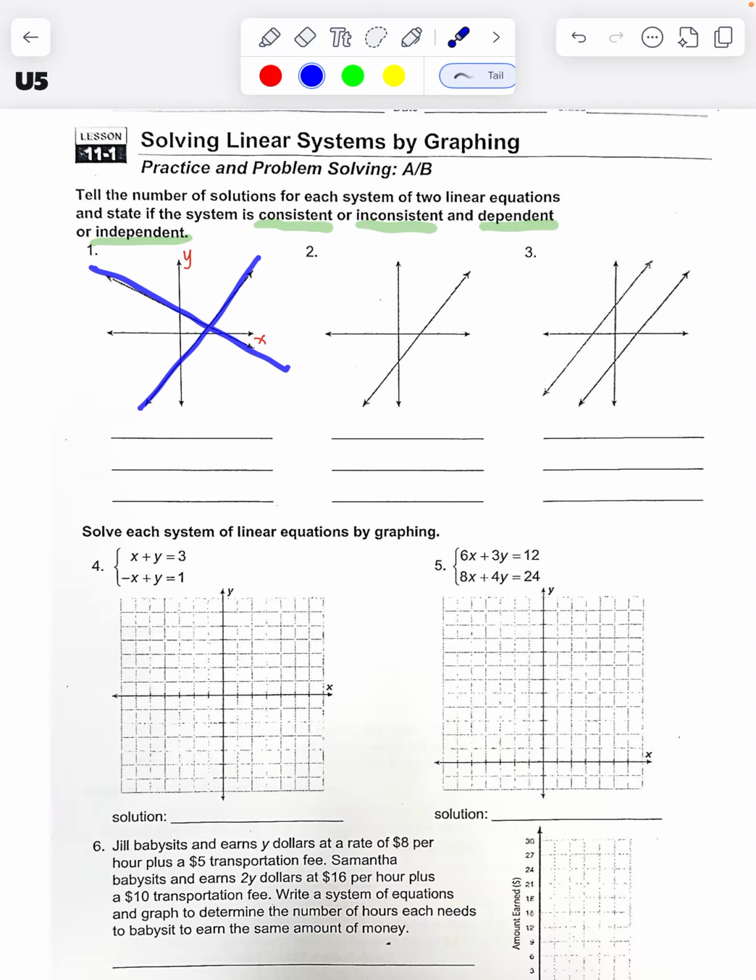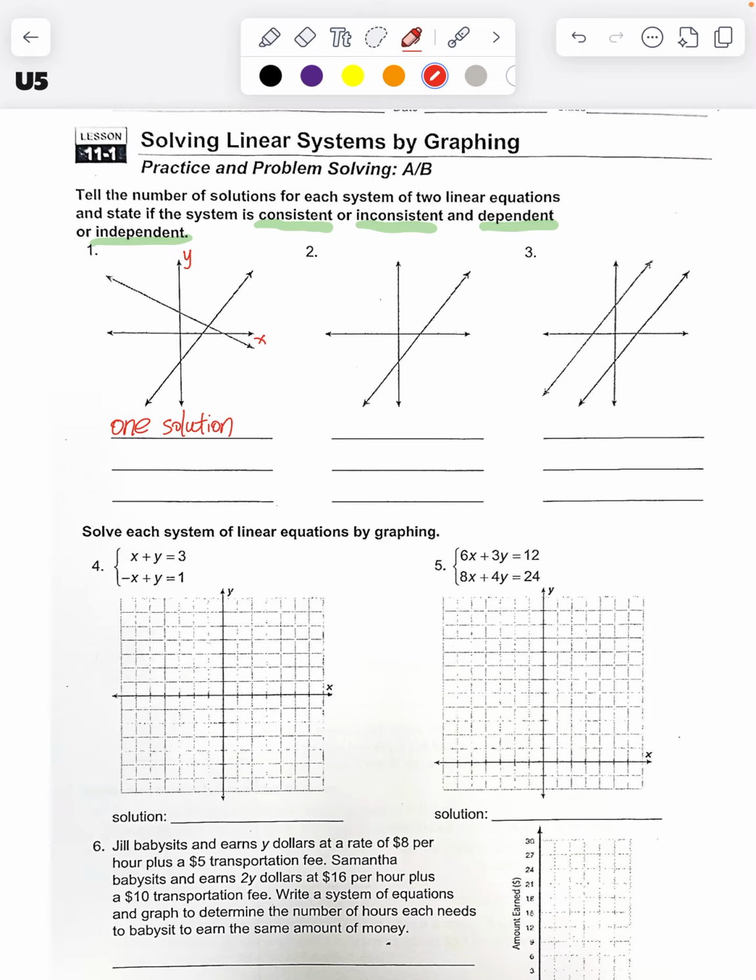So these two lines, the linear equation graph, intersect at one place, one point. So this point is on both lines. So this point is a solution. So this system has one solution. So we're going to put one solution.